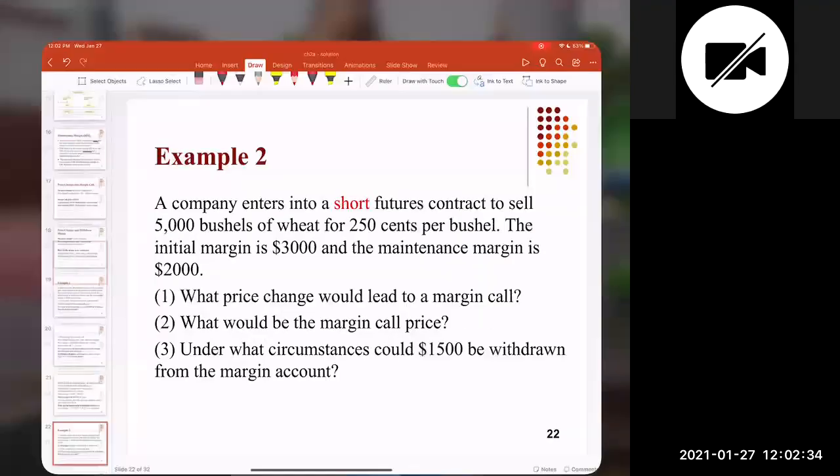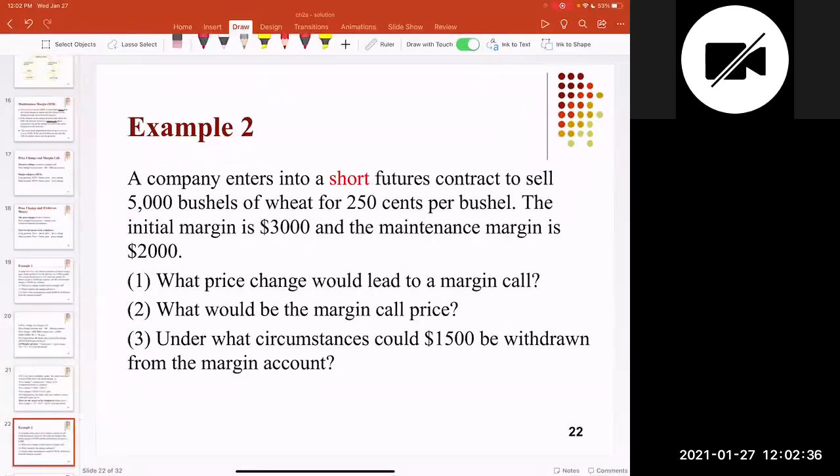Last class we started chapter 2 and we talked about the basic futures contract and forward contract. Today we continue. Last class we started to talk about margin accounts, and we talked about the IM, MM, and the variation margin, right?